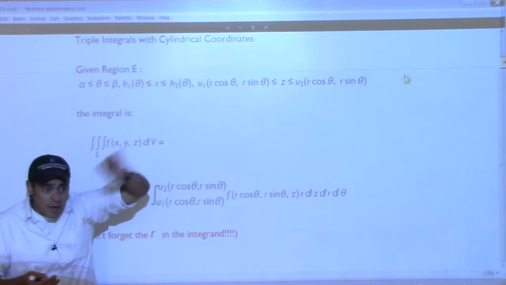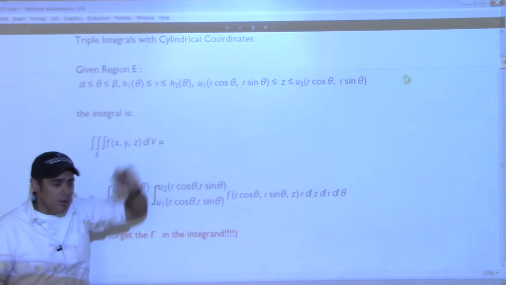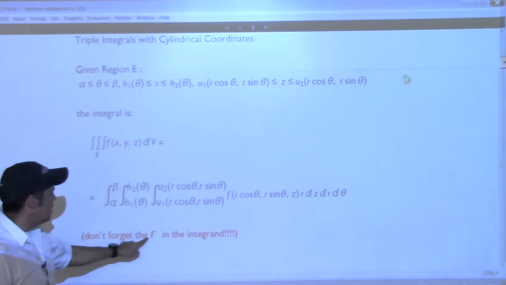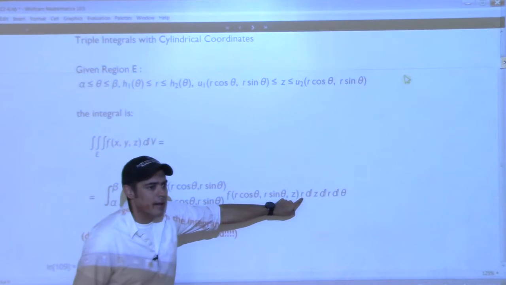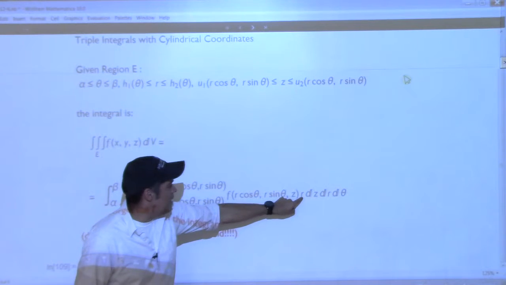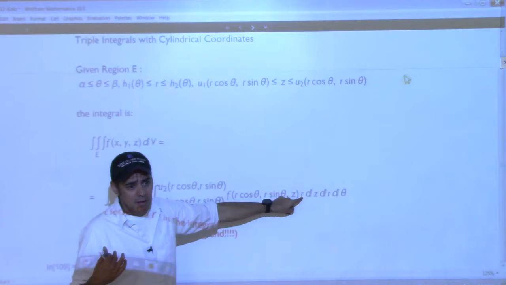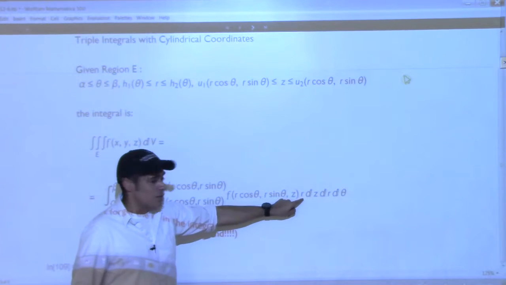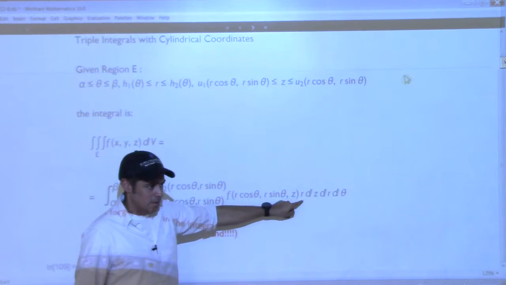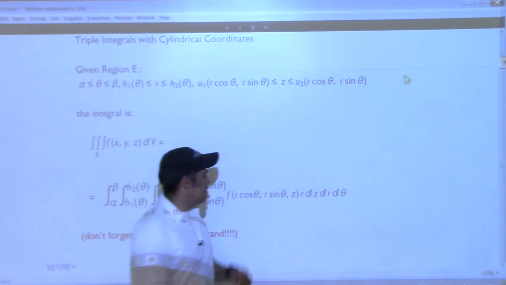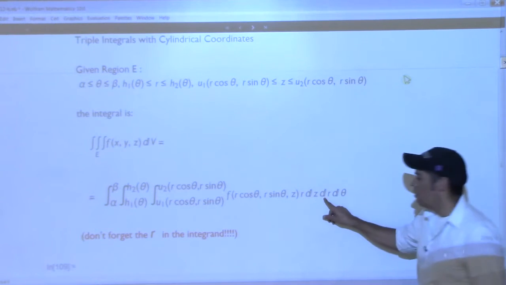We're integrating a function that lives in four-dimensional space. So this is that function we're integrating. And then I have it here, don't forget the r, but that r right there is very important. That r has to be placed into the integral because you went to polar, right? Now I'm going to talk about this r in much more detail today, if we can get to it. And then you integrate with respect to z, then r, then theta.